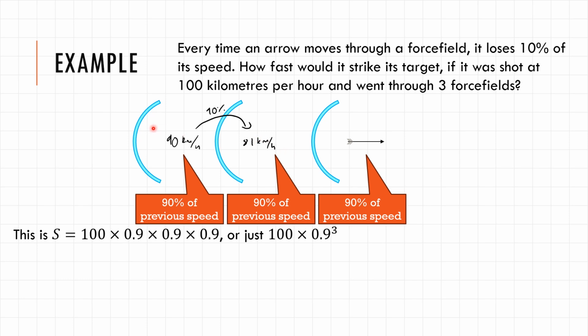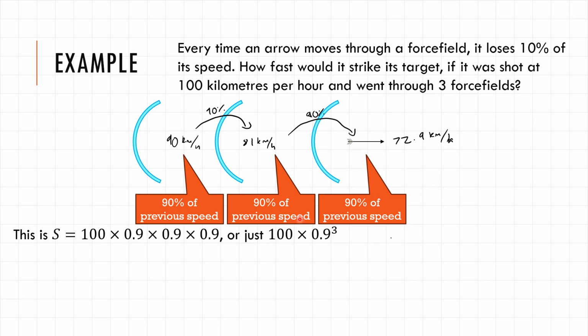So it didn't drop by another 10 kilometers per hour. It doesn't drop by 10 every single time because 10% of 90 is 9. And so it only went down to 81. And then I multiply by 90% one more time to find out its final speed here is 72.9 kilometers per hour.